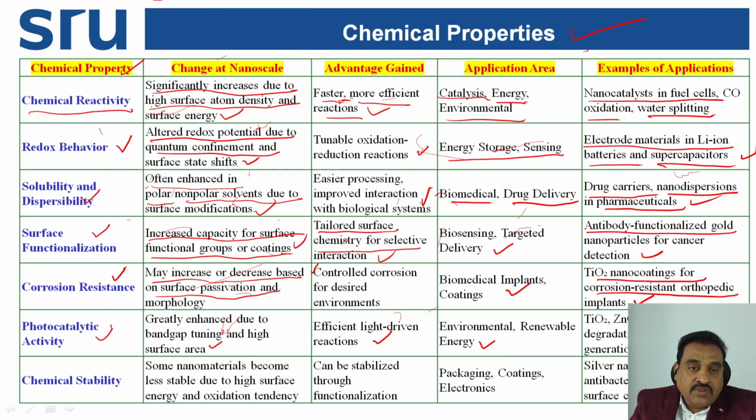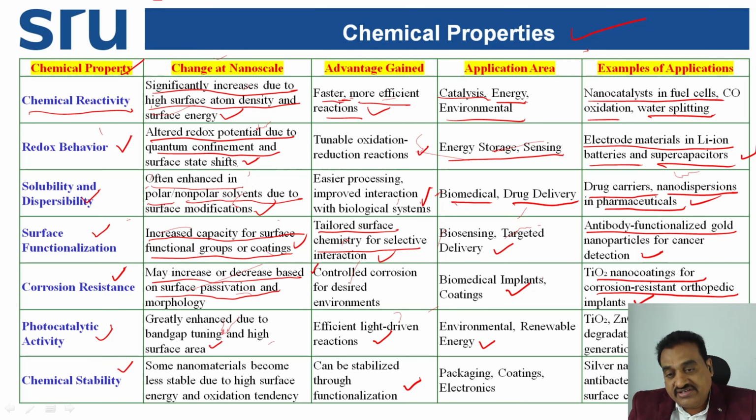Chemical stability. Some nanomaterials become less stable due to high surface energy and oxidation tendency. These are the nanoscale changes. What is the advantage of this chemical stability? They can be stabilized through functionalization.